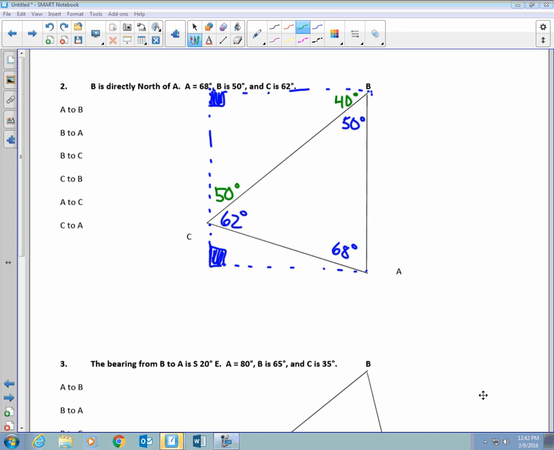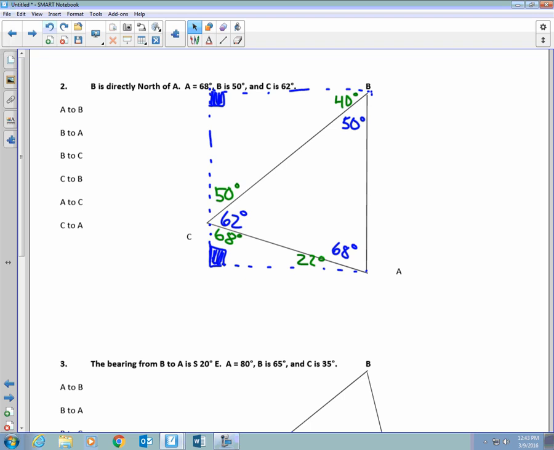Subtracted from 180, 68. Well, so this line right here is 180 degrees, right? So all three of those must add. Okay.